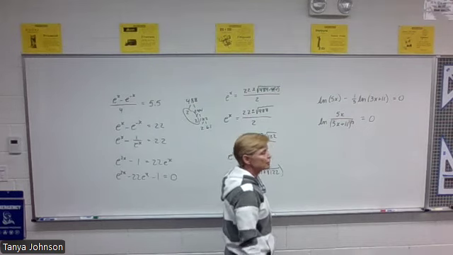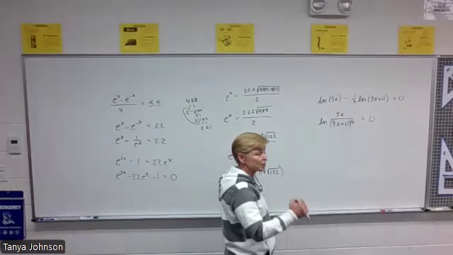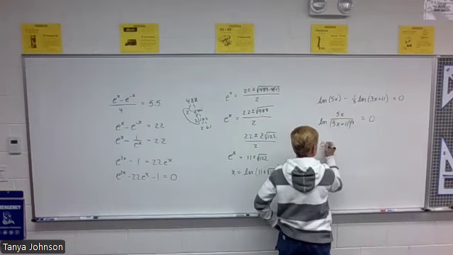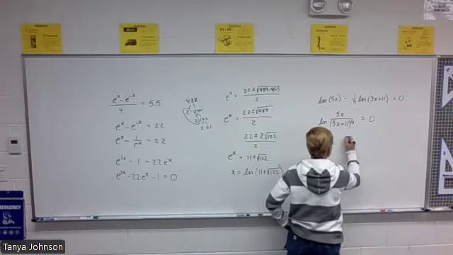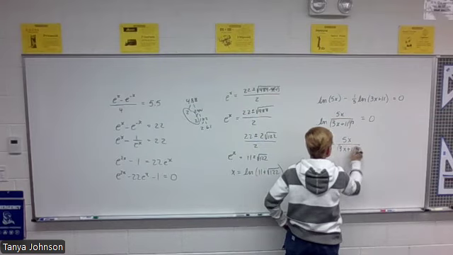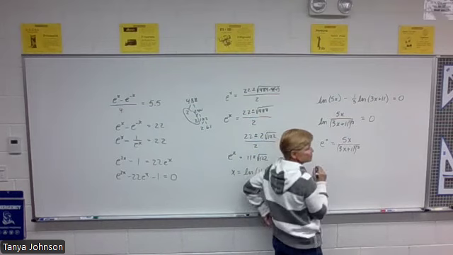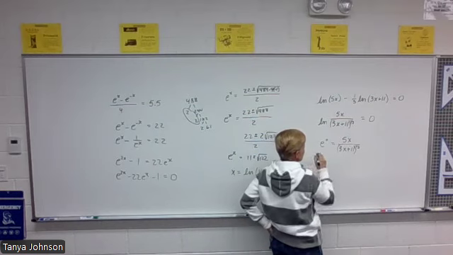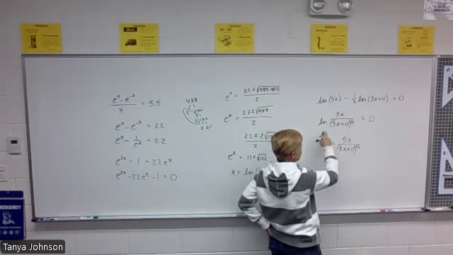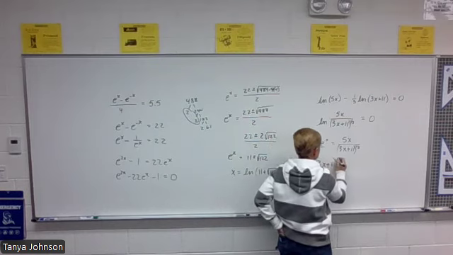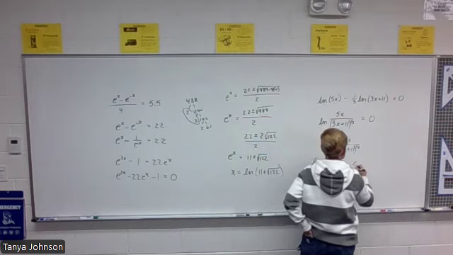At this point, you change it to an exponent, which would be e to the 0 equals this mess, which turns out to be not so messy reasonably quickly. E to the 0 is 1. So if you understand that that's 1, you can write it 1 over 1, cross multiply, you get 3x plus 11 to the 1/3 equals 5x.